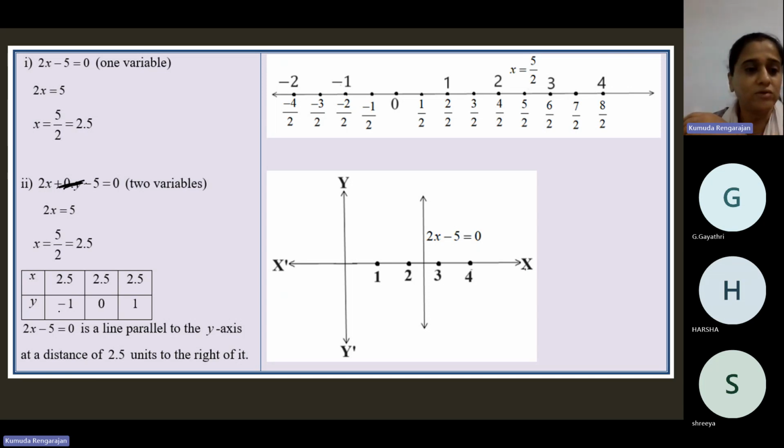So 2x is equal to 5. X is equal to 5 by 2 or 2.5. Yes or no? When you solve this, 0 into y is 0, so just ignore it. So 2x is equal to 5.